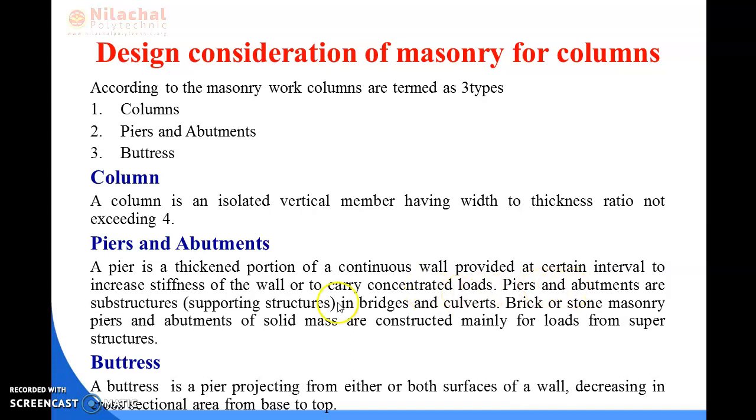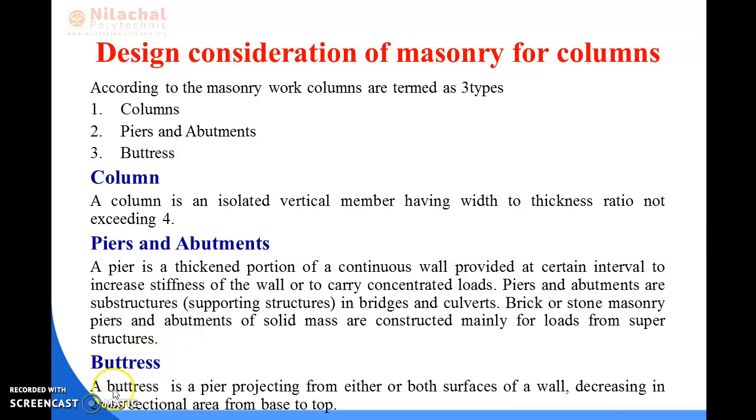Piers and abutments are substructures in bridges and culverts. Brick or stone masonry piers and abutments of solid masonry are constructed mainly to carry load from the superstructure.